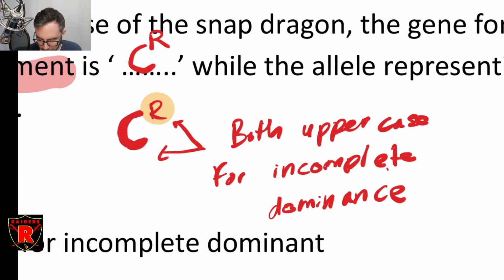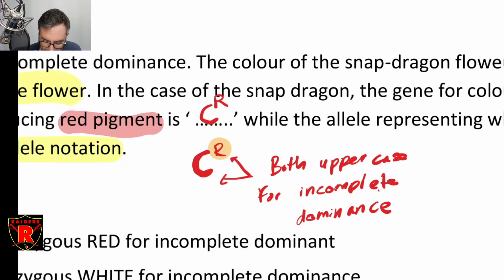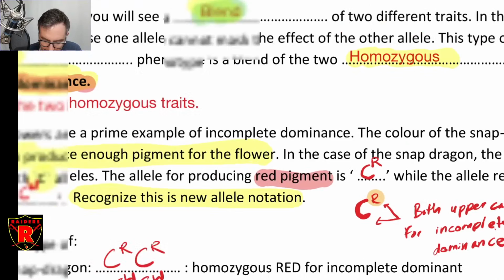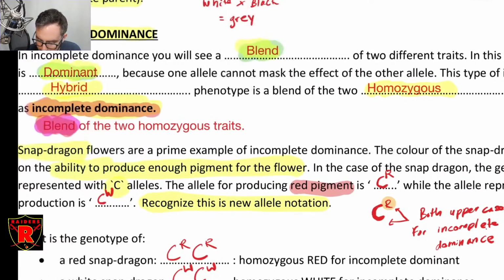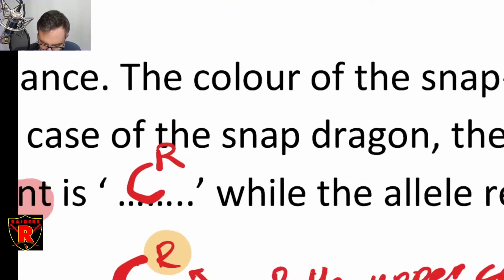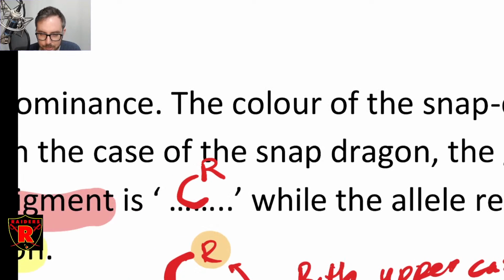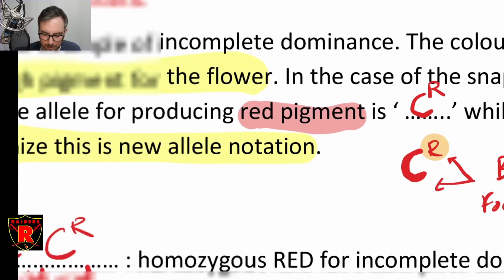Okay, so anyway, they're all uppercase. For example, if a snapdragon has red pigment, you could use capital C and then superscript capital R for the nomenclature to show that. In your let statement, you would say let C superscript capital R be red color pigment.